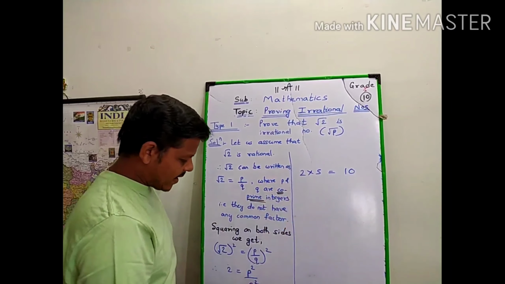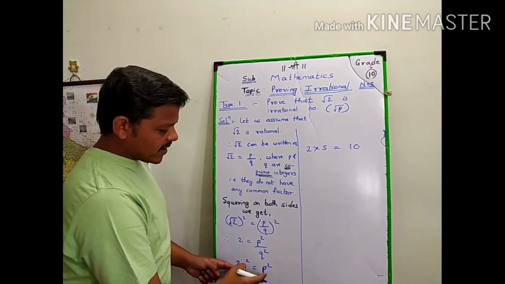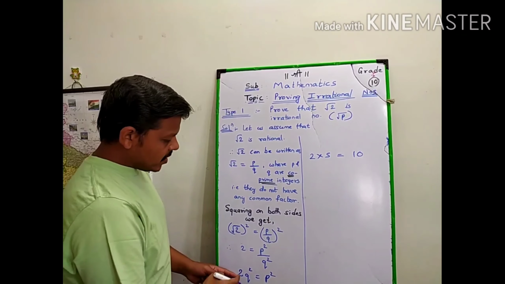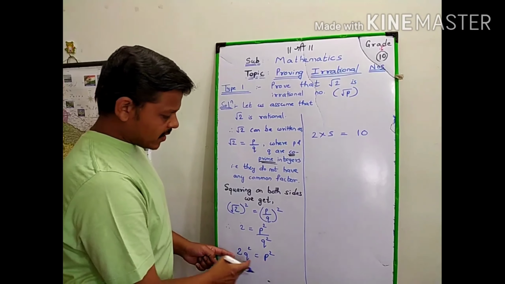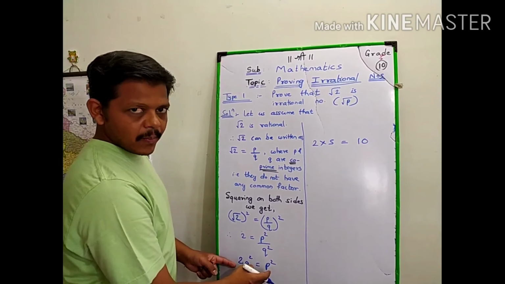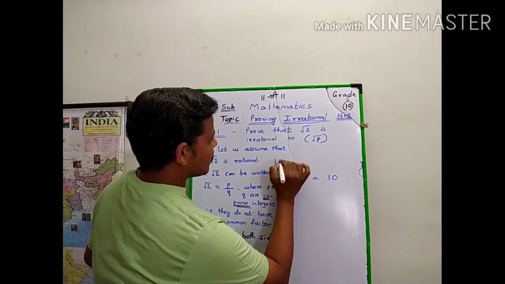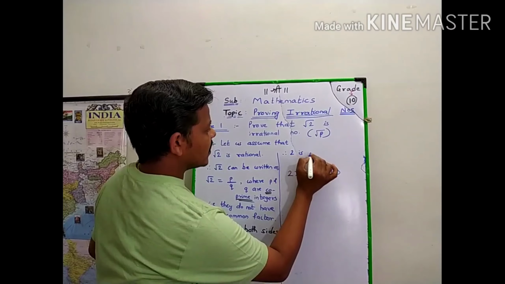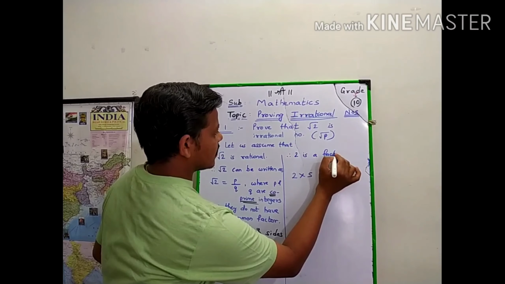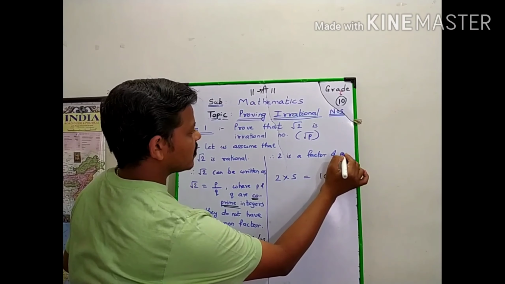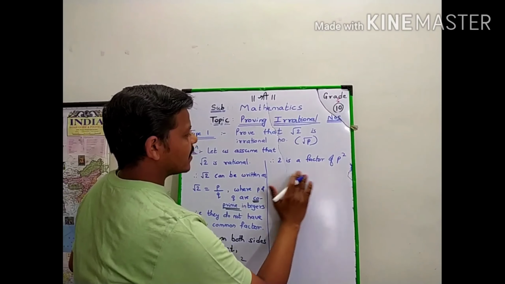Correct? Come back. 2 into q square is p square. Means 2 is a factor of p square. q square is a factor of p square. So I'm going to write over here, therefore 2 is a factor of p square.